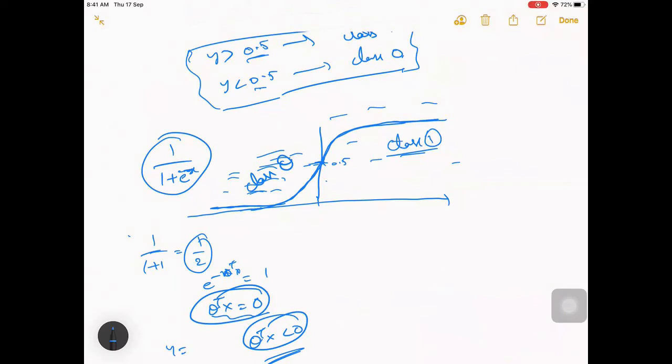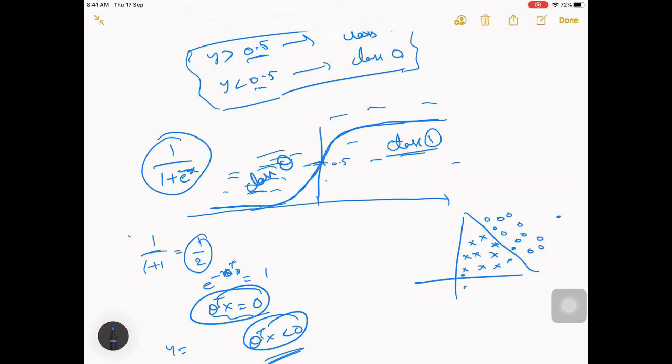Let's go to the same example here. Is your new value nearer to this point or far away from this point? You can actually get this from the probability.